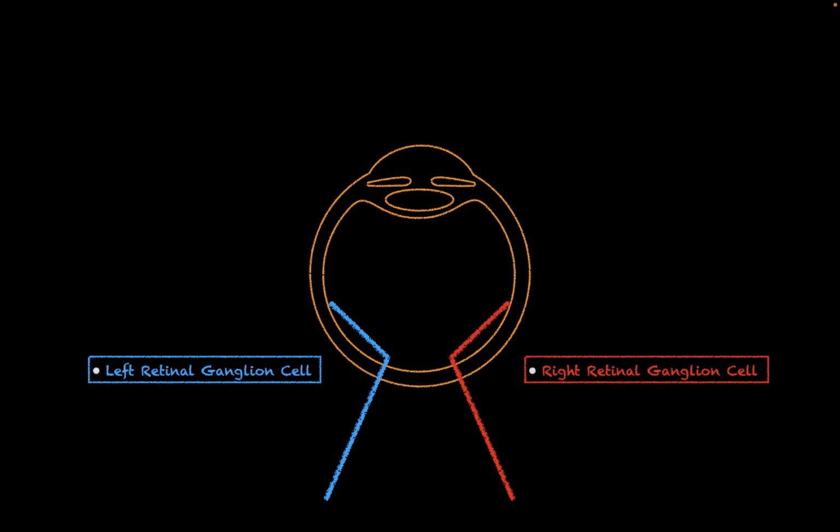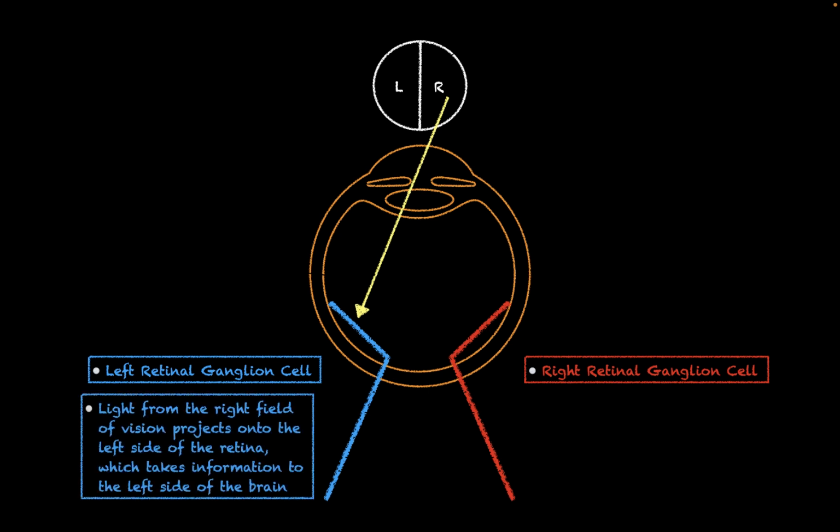Now, the important concept to understand here is that we basically have two fields of vision. The first is the right field of vision, and the second is the left. When light comes from the right field of vision, the light rays are going to project onto the left side of the retina, and this takes the information to the left side of the brain.